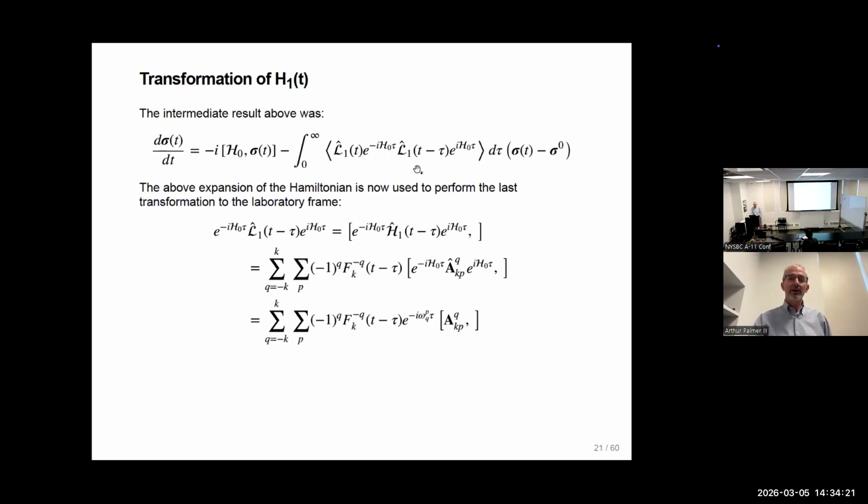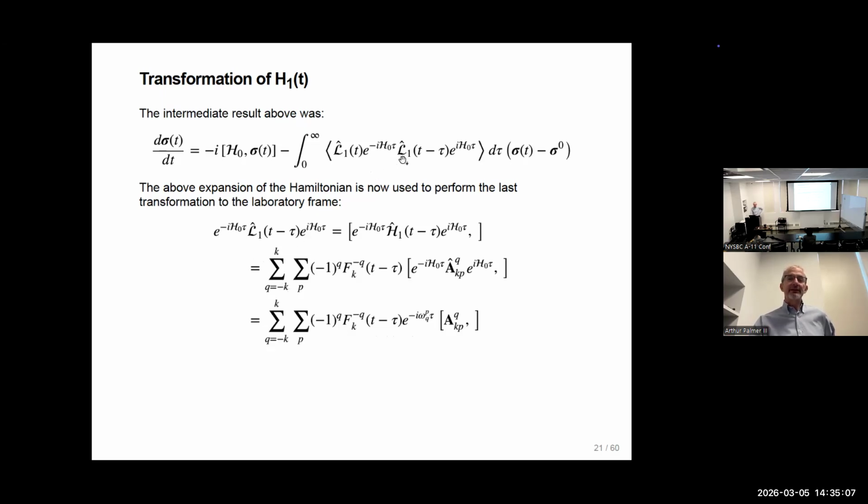Now, here's where we were. And now I want to plug in what I've currently learned with this last bit. And when I do this transformation and plug in the expansion, I end up with all of these new phase factors.